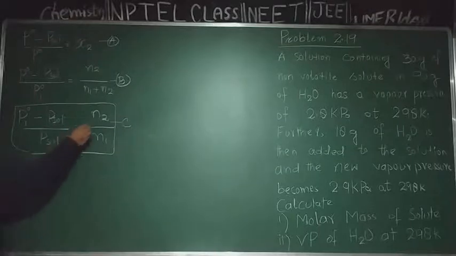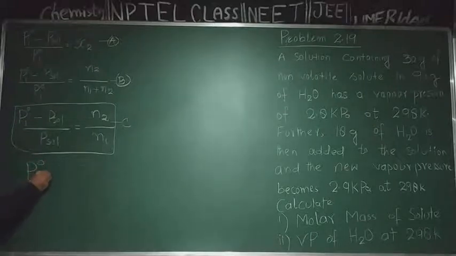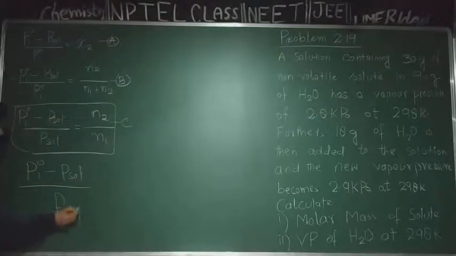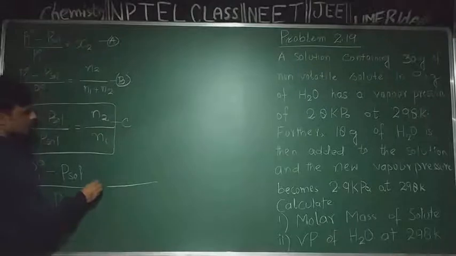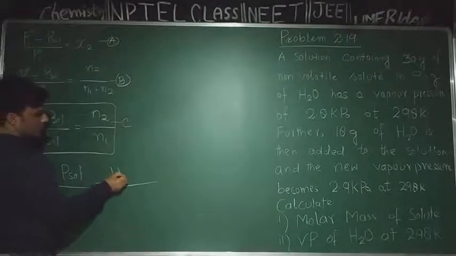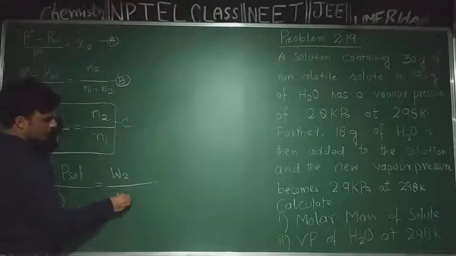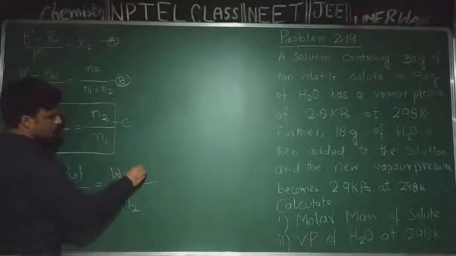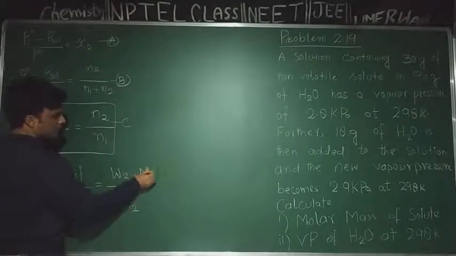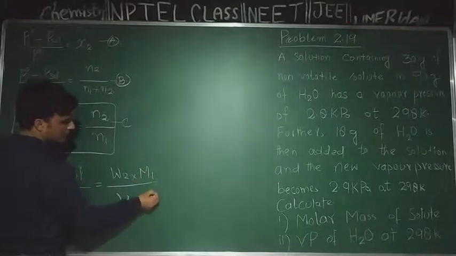Now number of moles is not given, instead mass is given, so I will express this equation in one more form where I will express number of moles in terms of mass. So equation will be P01 minus P solution divided by P solution is equal to W2 divided by M2 into M1 divided by W1.